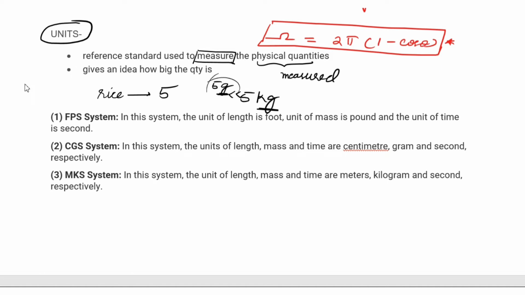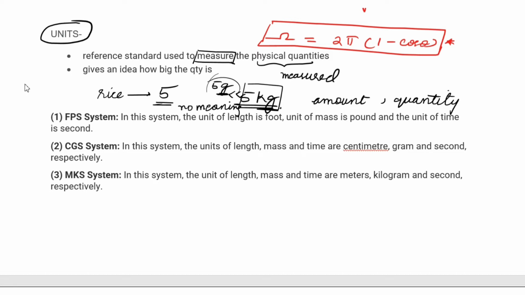Definitely you can see that the 5 is the same in both. What we can observe is that 5 grams is very small compared to 5 kg. So it is the unit which differentiates the largeness of the quantity, although the numerical value is the same.